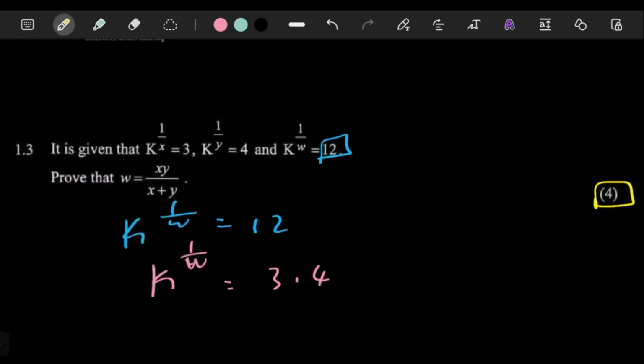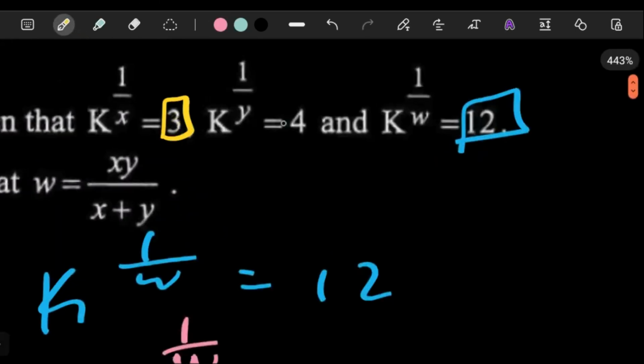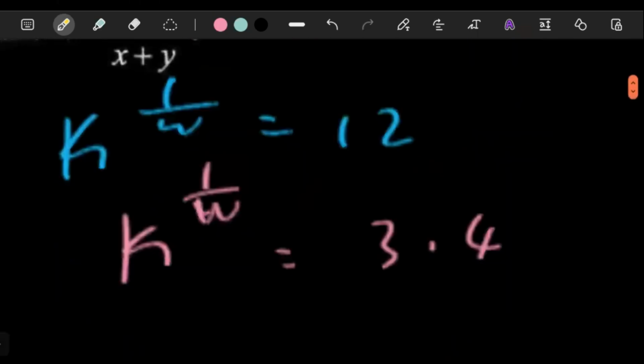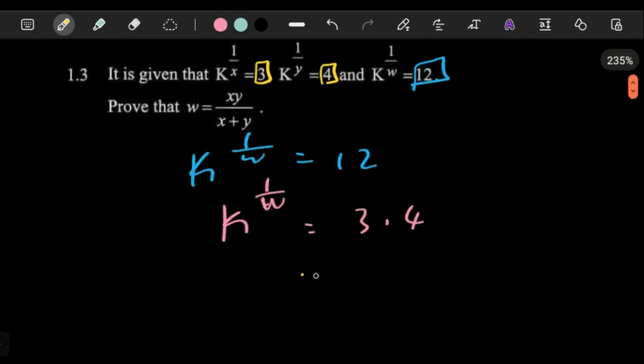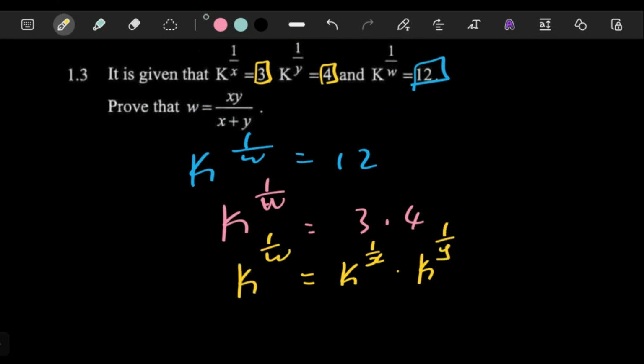We have this as 3, and this as 4. So in our workings, wherever we see this 3 and this 4, we can put K with 1 to the power of X multiplied by K with 1 to the power of Y. And then this is K to the power of 1 to the power of.